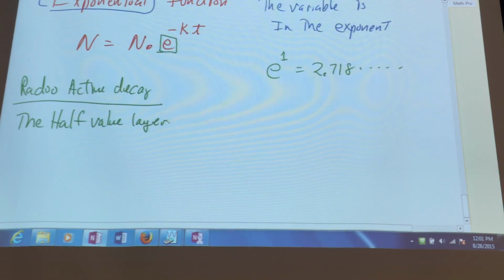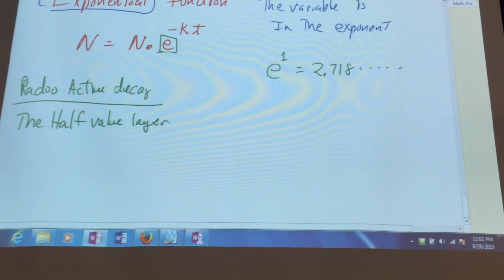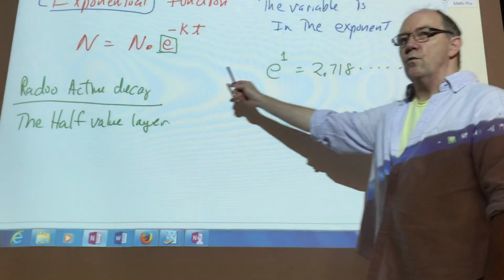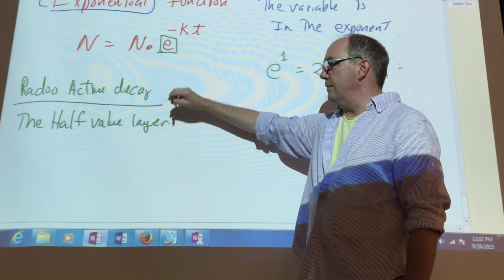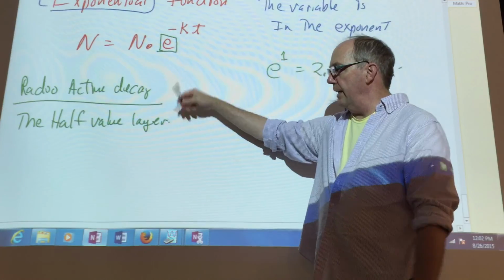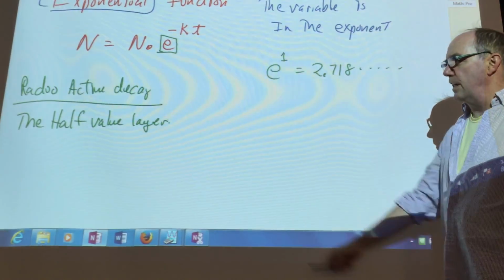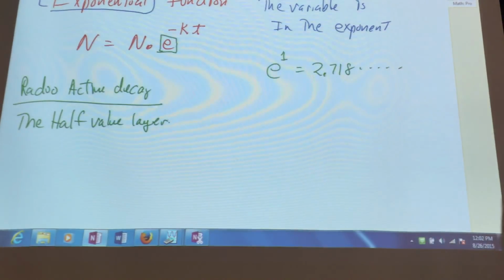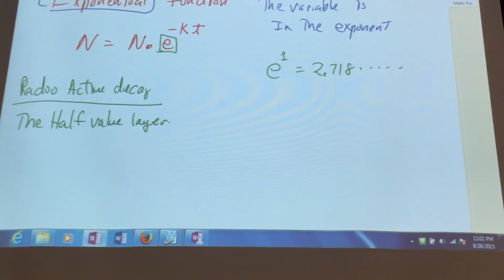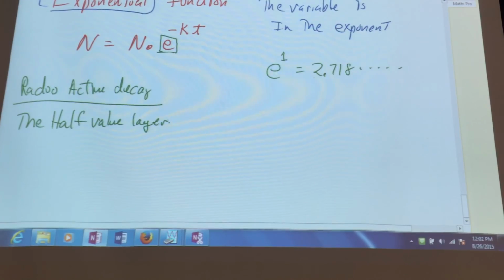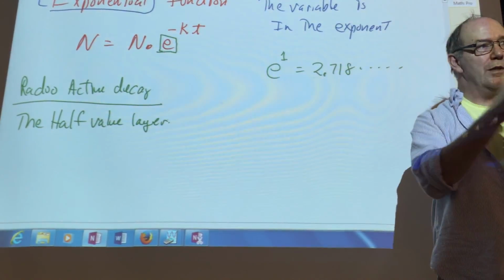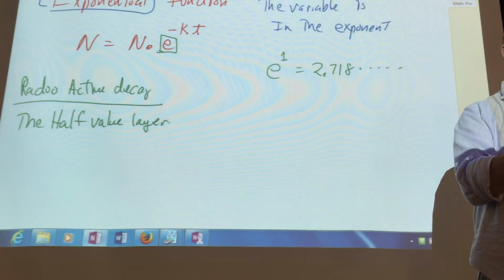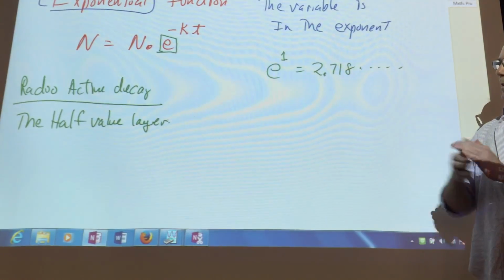The half value layer. These are just topics where this equation comes up. Not that you have to worry about them today, but radioactive decay. And the other topic comes up in chapter 7 or 8, I forget which, where the beam is absorbed by various aluminum plates that you put in front of the beam. You measure how much energy the beam has by how many aluminum plates you need to stack in front of it to reduce its intensity. So that's where this comes from.